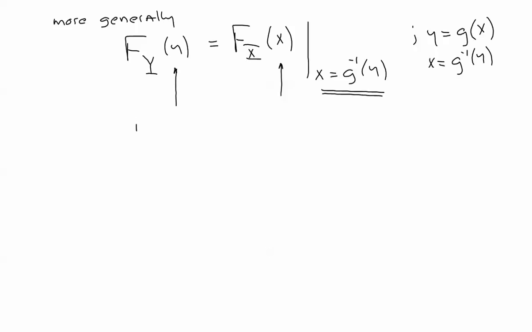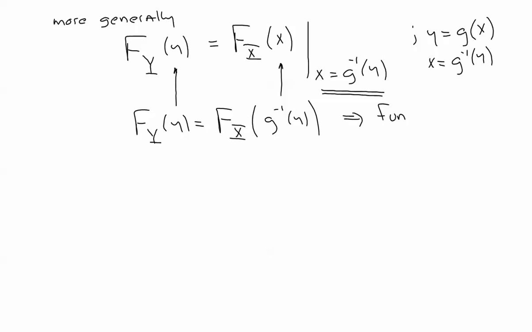So, the cumulative distribution function for y follows the functional form for the cumulative distribution function for x if everywhere I have an x, I substitute g inverse of y. Now I end up with a function in y. Okay?